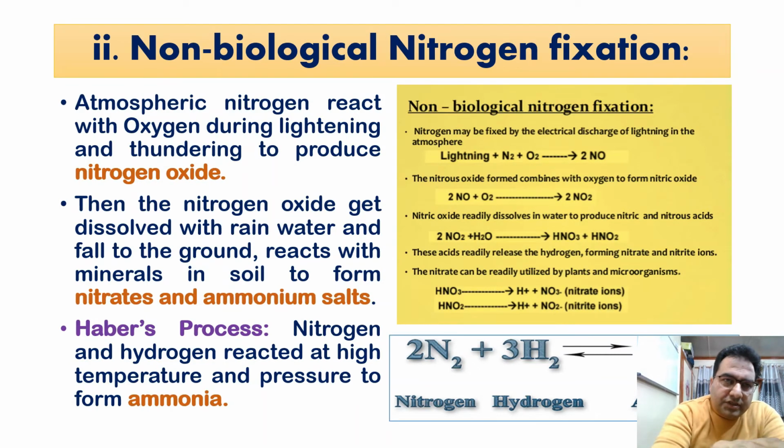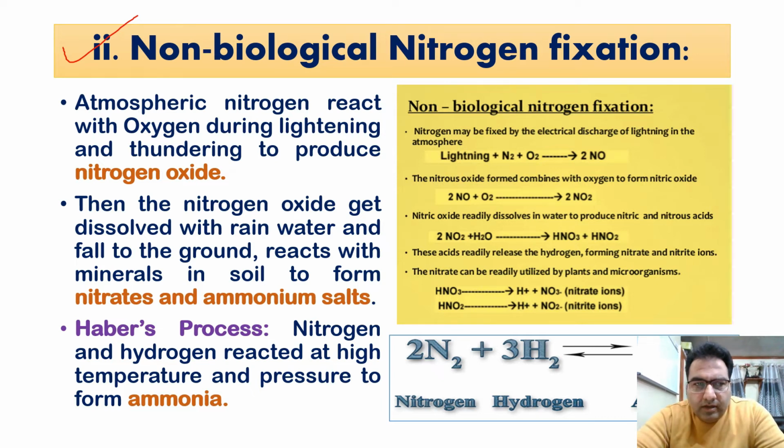Then we shall talk about non-biological nitrogen fixation. Atmospheric nitrogen reacts with oxygen during lightning and thundering to produce nitrogen oxide. So first of all, because of the lightning, nitrogen reacts with oxygen and forms nitrogen oxide. Then this nitrogen oxide dissolves in rainwater and falls to the ground.